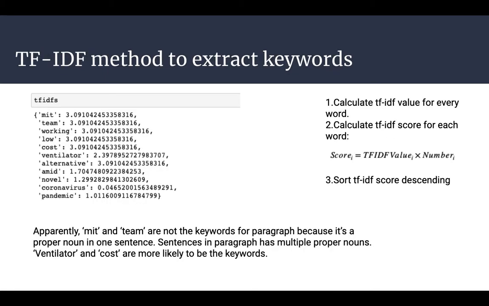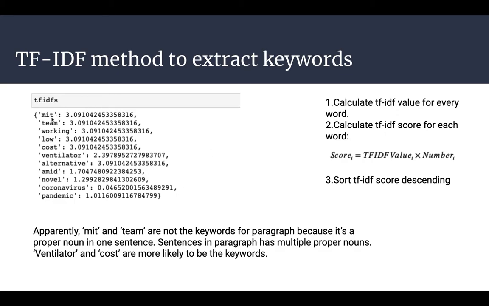Also, we want to do some summarization of every paragraph. The first method I proposed is extracting keywords. Here I use the TF-IDF method to extract the keywords for every paragraph. Here is the algorithm for calculating the TF-IDF score for each word, and we can rank those words according to their TF-IDF score.